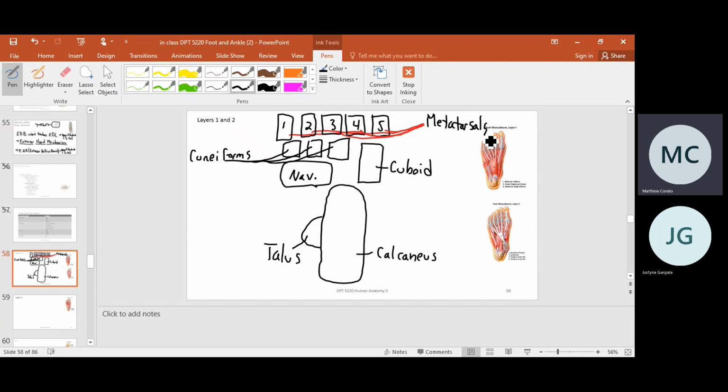All right, so layer one, I'll give everyone a second to draw out the rest of the foot here. Layer one's pretty easy.